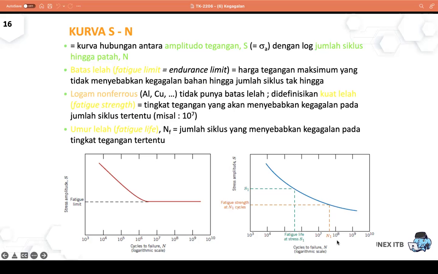If we can predict that, we can check the maximum cycles to failure, so we can start to change the material before catastrophic failure.